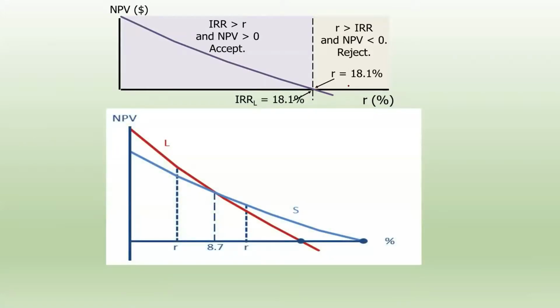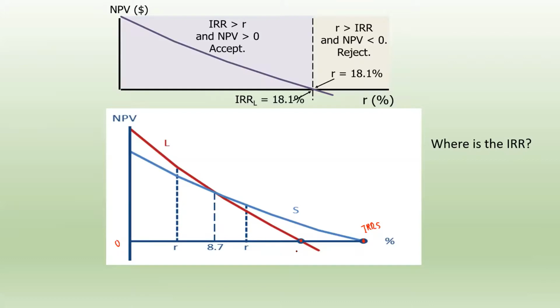However, for mutually exclusive projects, it's kind of tricky. The IRR for project S is here. This is IRR S, where the NPV equals 0.